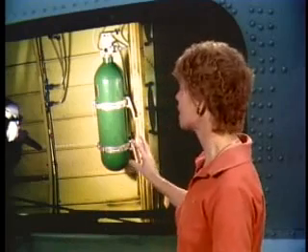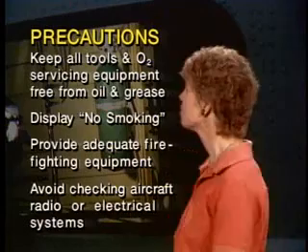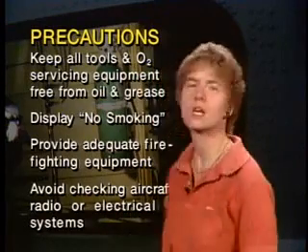Now, there are some very important things to know about oxygen system maintenance, some precautions that you have to observe if you're working on an oxygen system. First of all, any tools and equipment that you're using to service oxygen must be kept free from oil and grease.